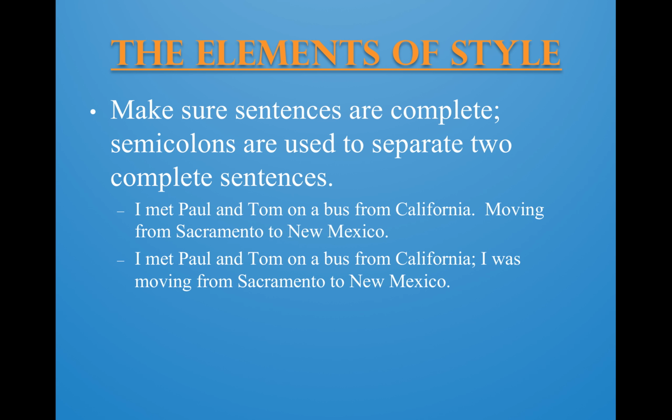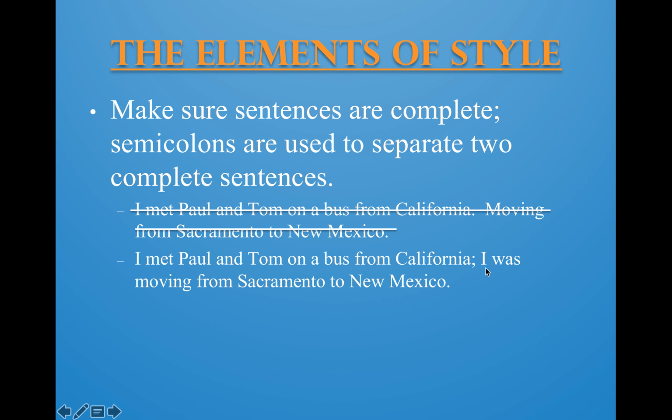In this case, it is the bottom one that is correct because the top one has an incomplete sentence. "Moving from Sacramento to New Mexico." We don't know who is doing the moving. It doesn't have a subject. It does not tell us who the sentence is talking about. So here, I met Paul and Tom on a bus from California; I was moving from Sacramento to New Mexico.